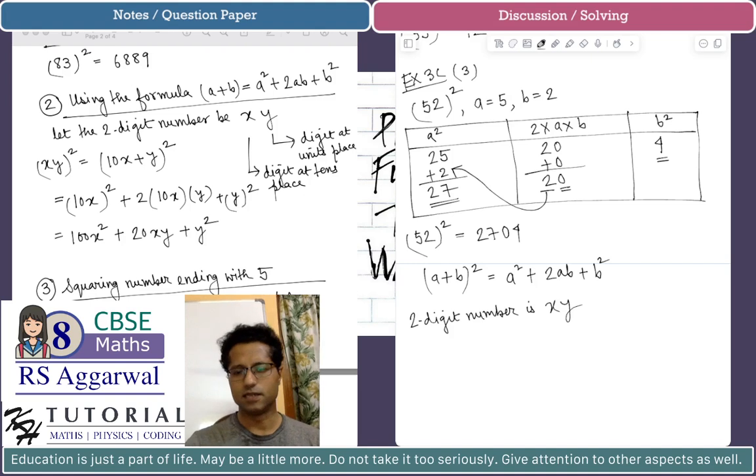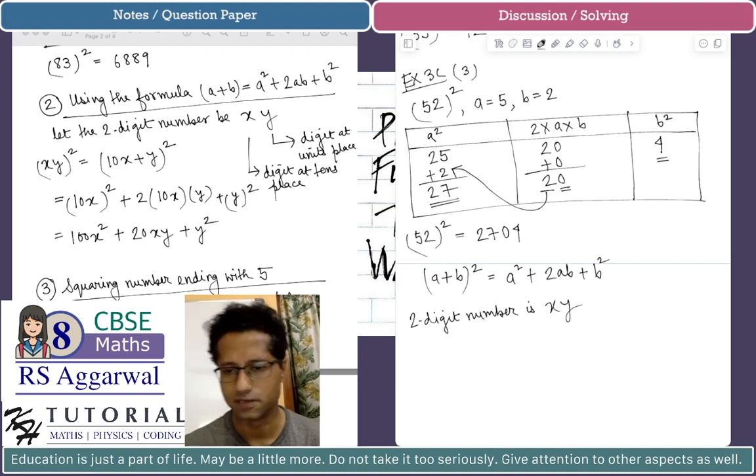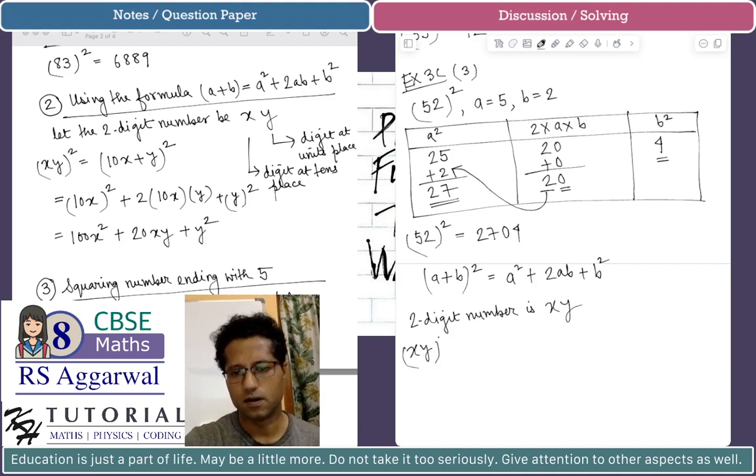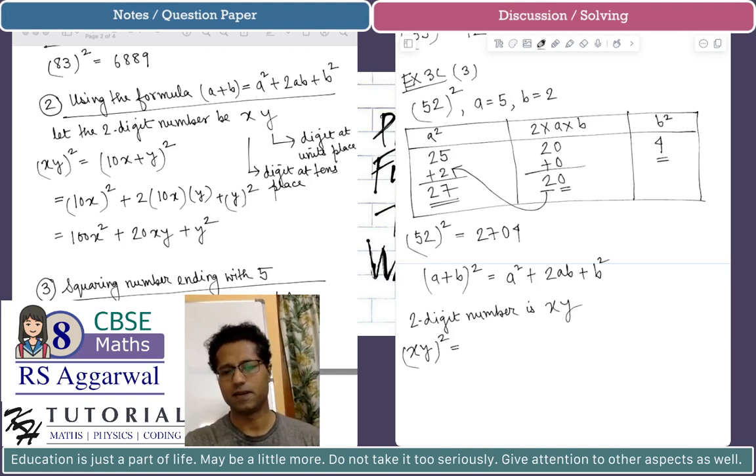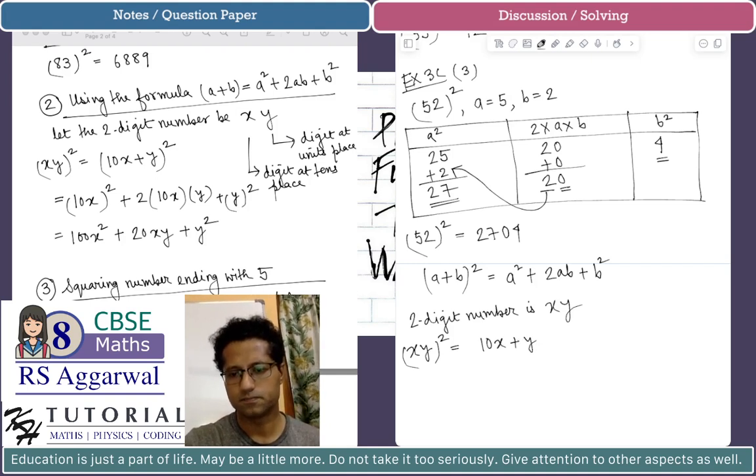X is the digit at the tens place and y is the digit at the units place. Now, how do we find xy, this number, square? How do we square it? Find the value of the square. So xy can be written as, if I expand the number xy, it will be 10 into x plus y.